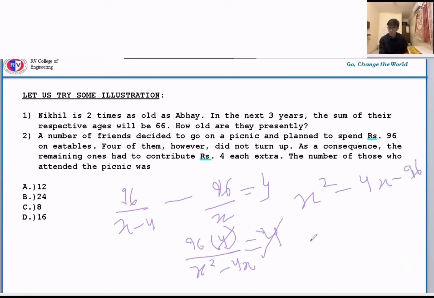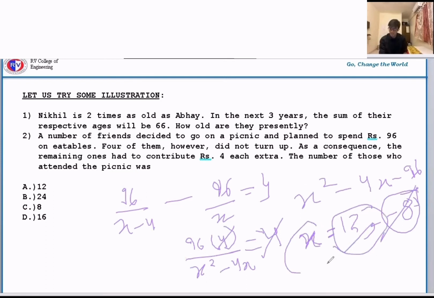Now, if we solve this equation, we'll get the x values as 12 and minus 8. Since a negative value is not considered, it will be neglected, and thus 12 is the right answer.